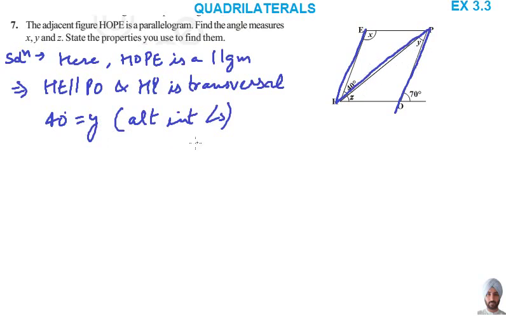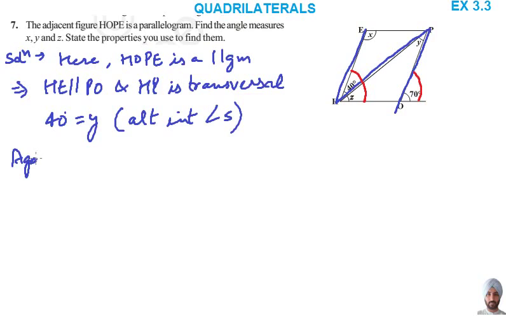So again, how can we find x and z? Can you see a relation between this angle and this angle? If yes, then very good. If no, then wait till I'm writing.